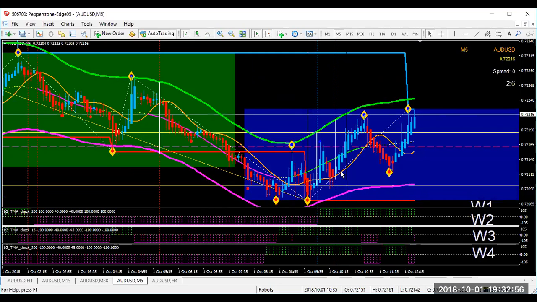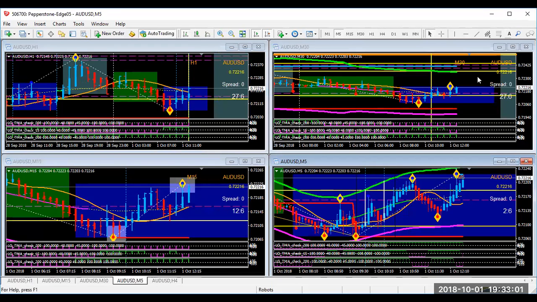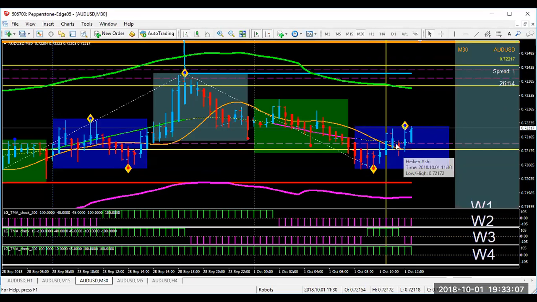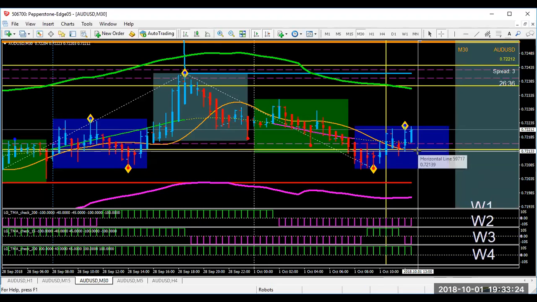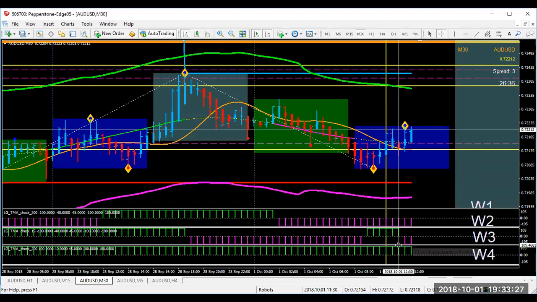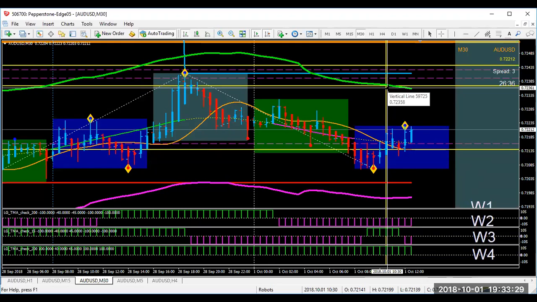All right, the other thing that I mentioned a couple of weeks ago is that if you're in a higher time frame and you've got a confirmed vertical line in this 30 minutes, and price is in the wrong zone, so it's in the sell zone at the moment, but it's confirmed, so price would like to go there on the 30 minutes.